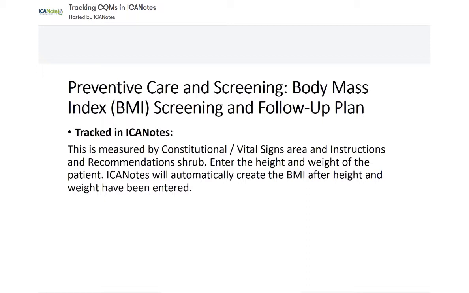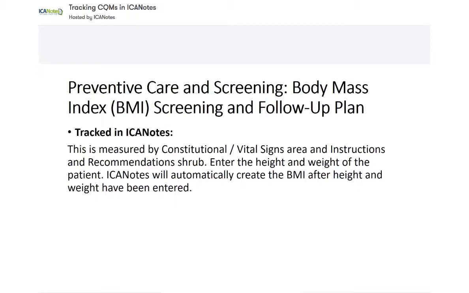And our program will rate that for you. It will say that the patient is overweight or they are obese, and it will let you know that. And then a follow-up plan is documented during the encounter or during the previous 12 months of the current encounter.